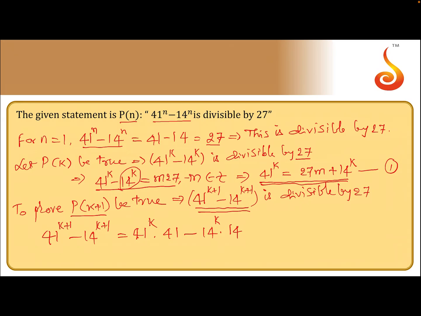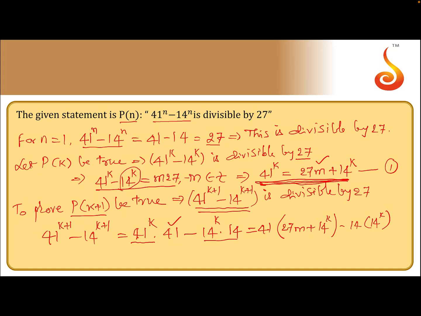And I shall replace 41 to the power of k from condition 1, as 41 multiplied by 41 to the power of k can be replaced by 27m plus 14 to the power of k, minus 14 times 14 to the power of k.